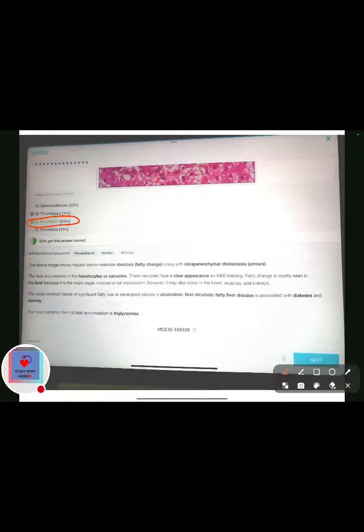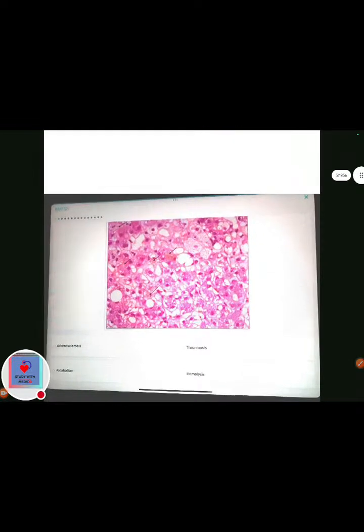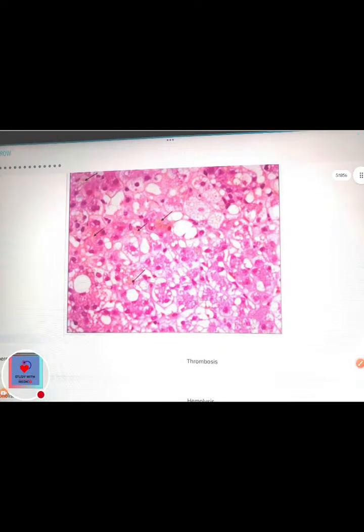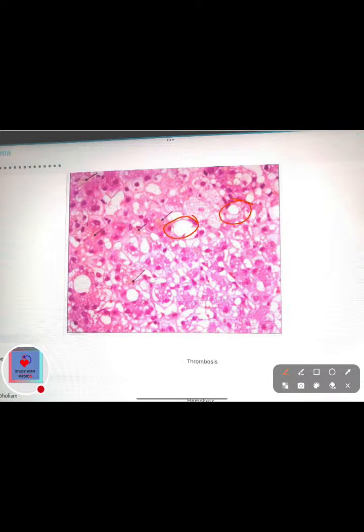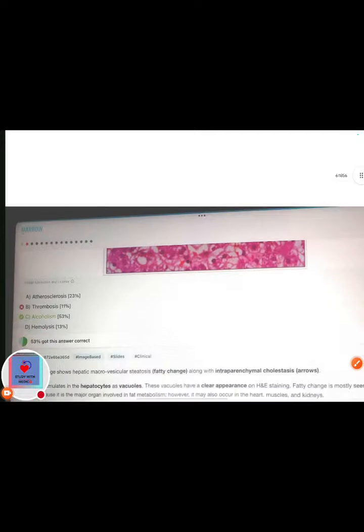The image shows hepatic macrovesicular steatosis, that is fatty change, along with intraparenchymal cholestasis. Look at the arrows: these are macrosteatosis, big fat droplets deposited here, mostly due to alcoholism.